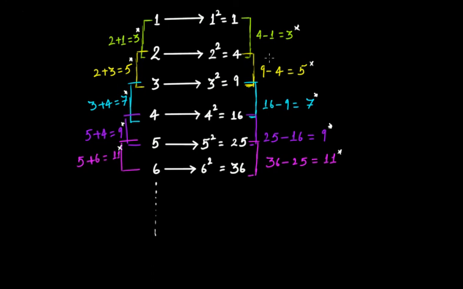So this trend you'll observe in all the natural numbers that come after 6. So what's the property? The property is that if you find the difference between the squares of two consecutive numbers, then that difference will be equal to the sum of those two numbers.